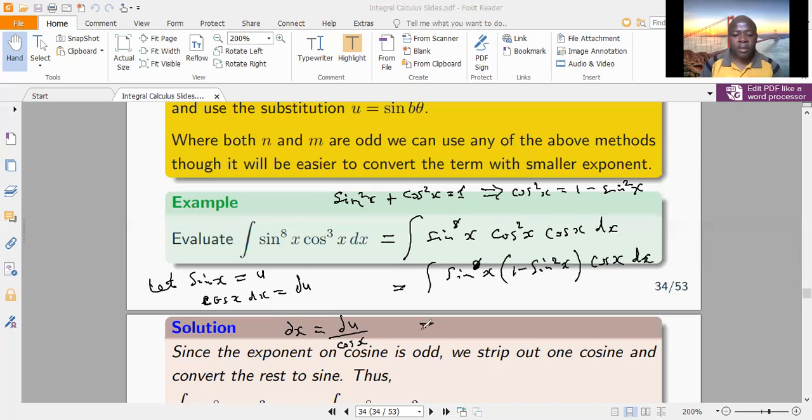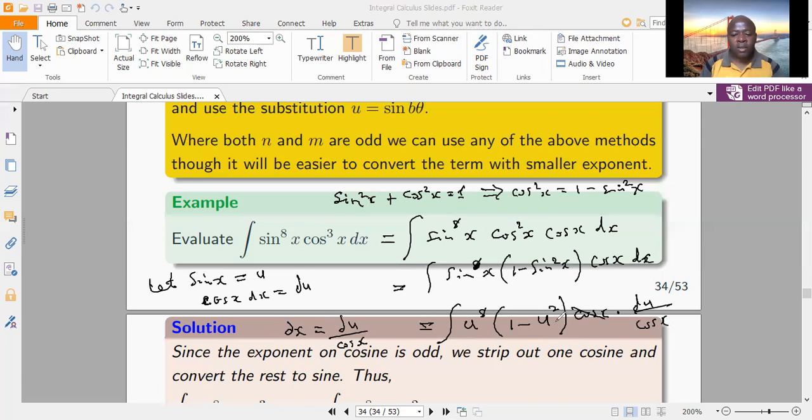So what do we get? We get u raised to 8 into 1 minus u squared, times cos x, but instead of dx we have du over cos x.